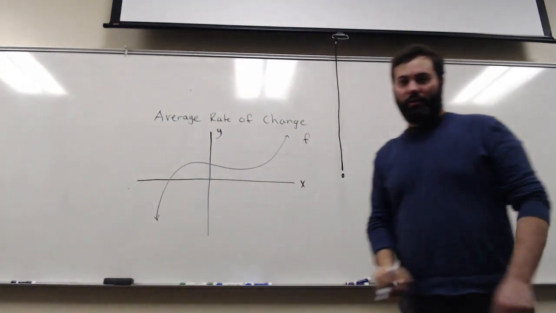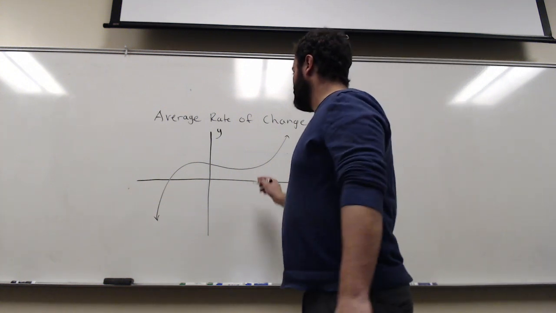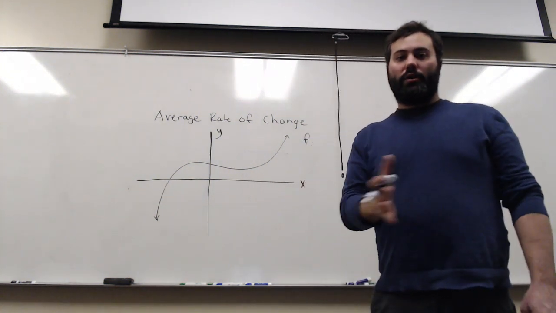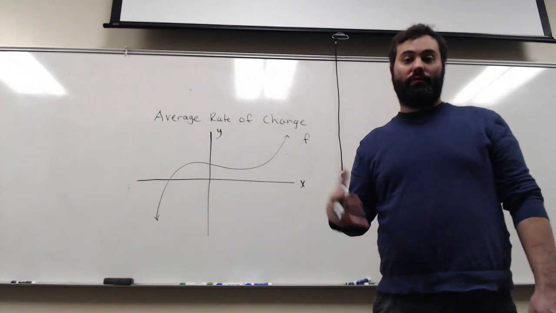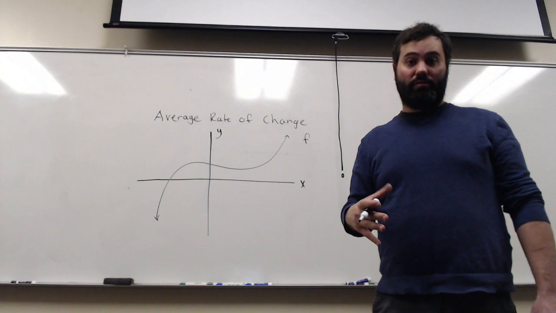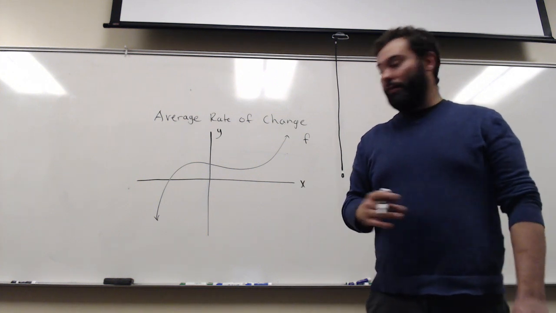So this is the graph of a function f right here. And you want to know, over an interval, on average, how much do function values either increase or decrease per unit increase in the independent variable?